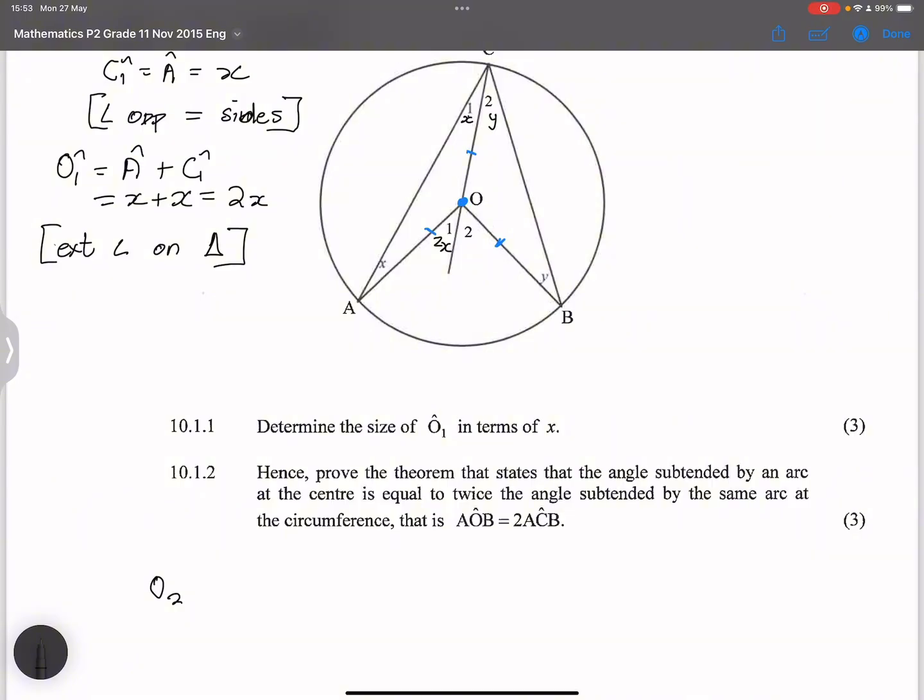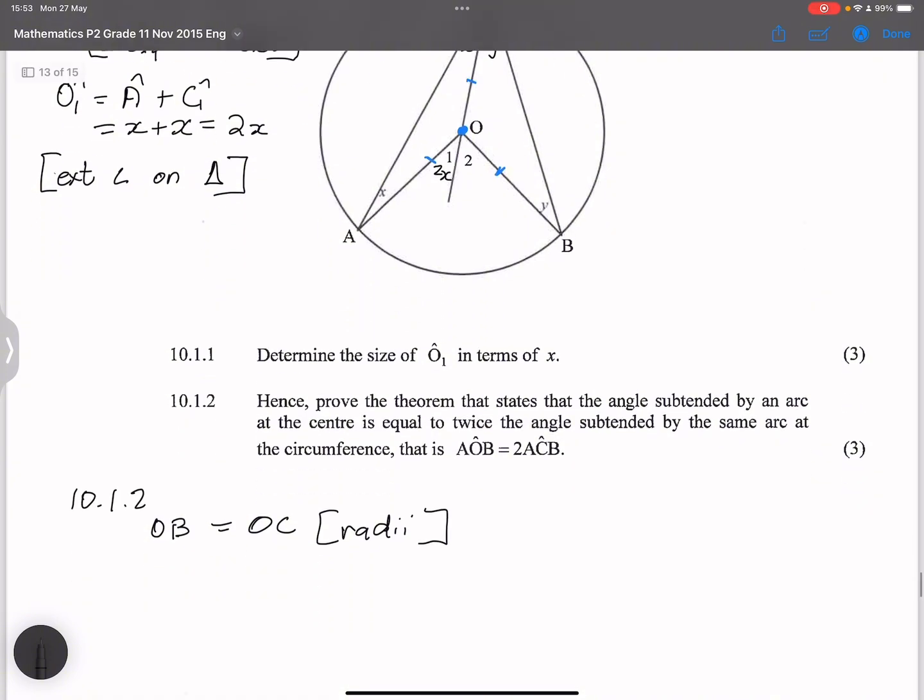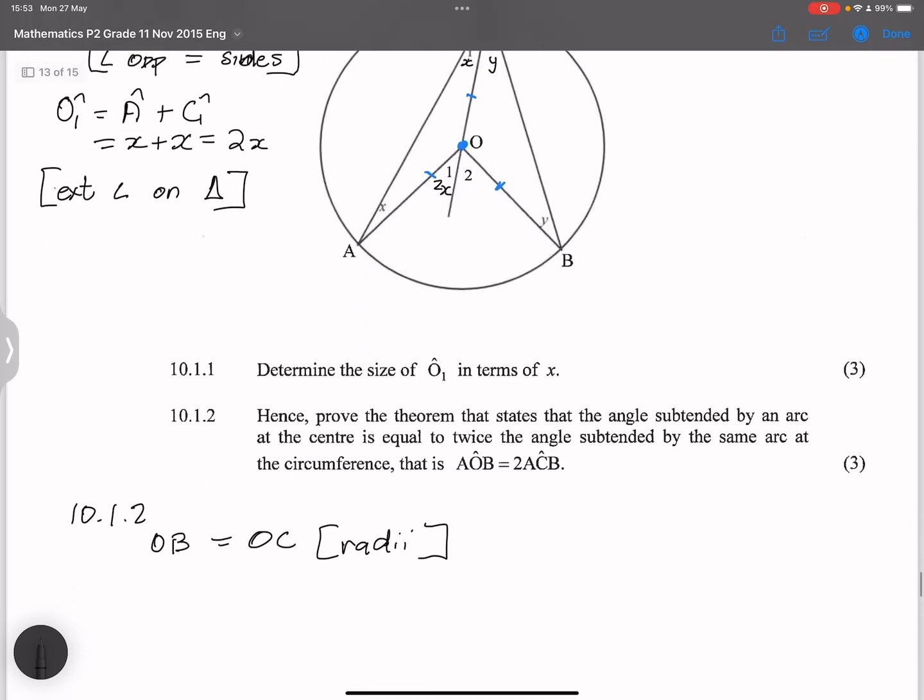So we're going to say O2. Once again, we're going to say OB is equal to OC, and these are radii. So that's 10.1.2. So that means that angle C2 is equal to angle B, and these are equal to y, and the reason for that is that these are angles opposite equal sides.